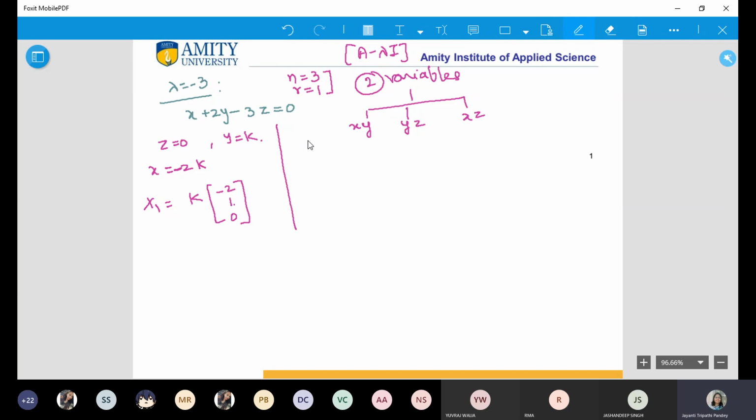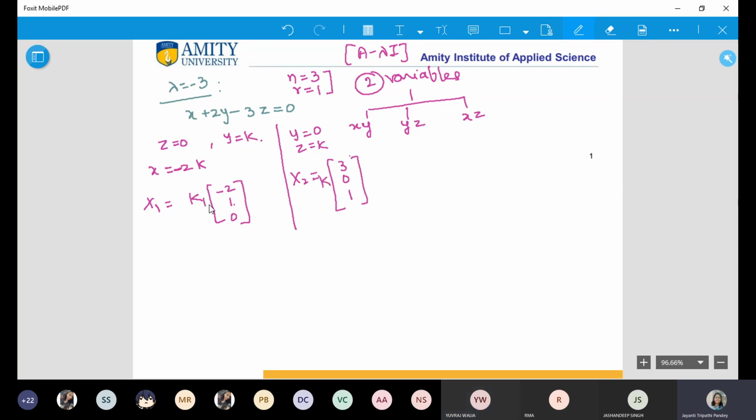This is one answer. Suppose Yuvraj has taken y as 0 and z as k. Then there is a second set of answers, x2 equals to, what will you get? 3, 0, 1, with k.